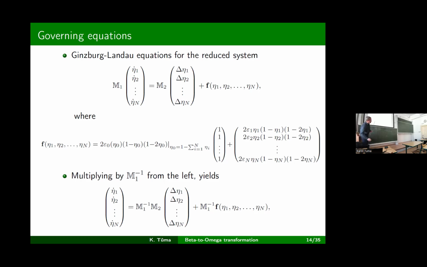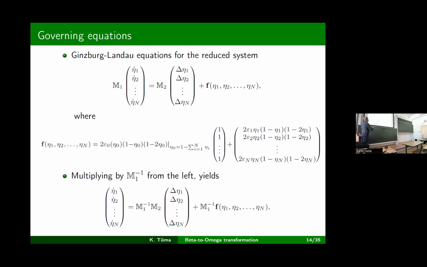So we can write it in this vectorial form. So we apply the matrix M1, this was in the dissipation potential, on the vector of the derivatives of the volume fractions. This is on the left hand side. On the right hand side, the gradient part creates this part, and then there is a part coming from the algebraic part of the free energy. And so this we can just write in this way.